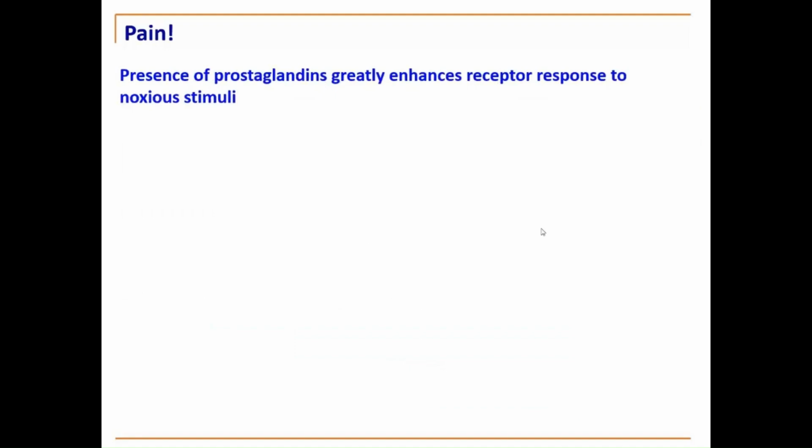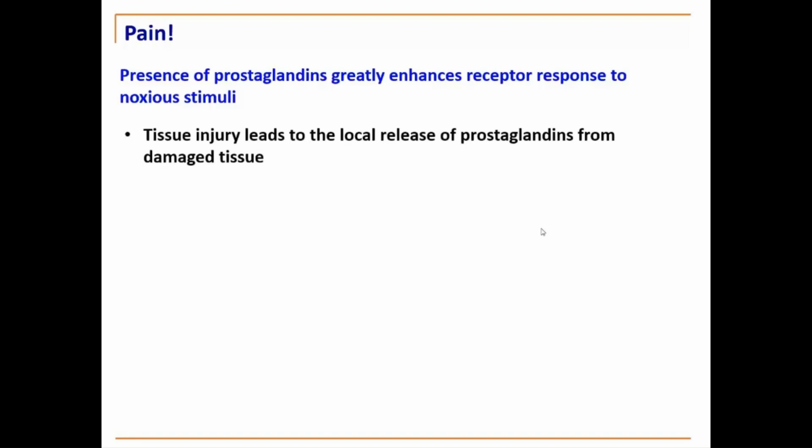So when you start to get pain damage, you're damaging cells, and those cells start to release chemicals. And the presence of prostaglandins, which is one of those chemicals, greatly enhances the receptor response to noxious stimuli. Tissue injury leads to that local release of prostaglandins from your damaged tissue.